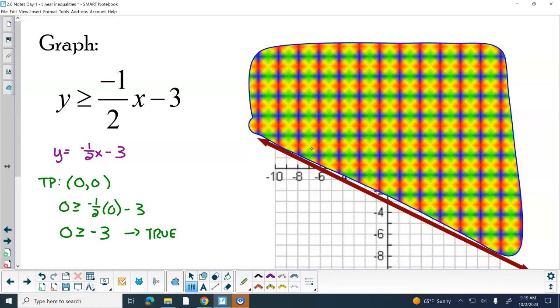If you wanted to get some colored pencils and do some coloring, that's fine. If it was false, then we would have shaded on the other side. Questions on that?